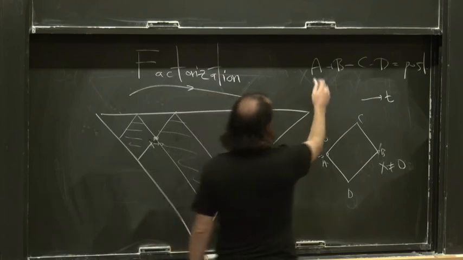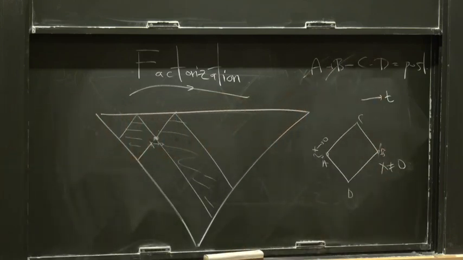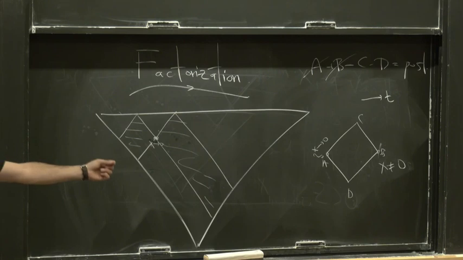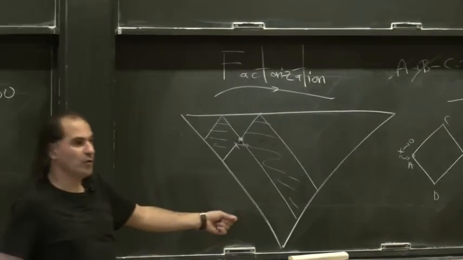And so if I put A to 0 and B to 0, I get a contradiction. The sum of two negative things is positive. Okay? So that's the key point here, that causality, whether or not you have points that are causally connected, in the sense that, if you think of these as observers, the past and the future observer are part of a causal diamond in the space-time. If one of them goes to 0, the other one cannot go to 0.